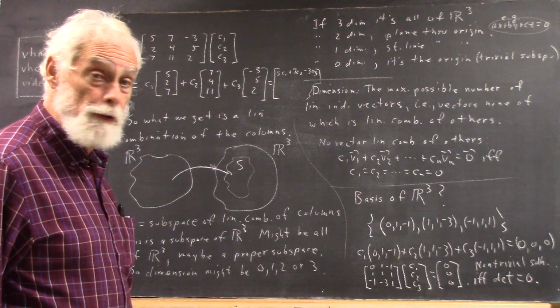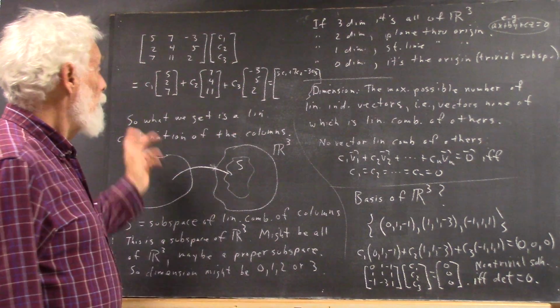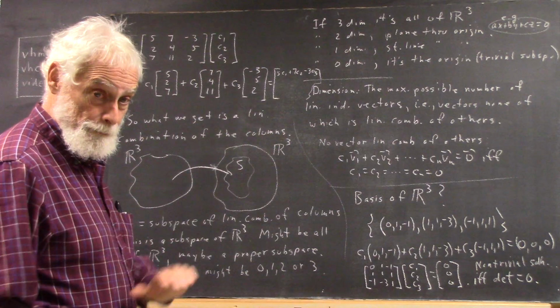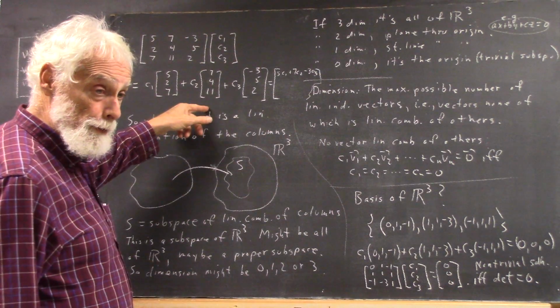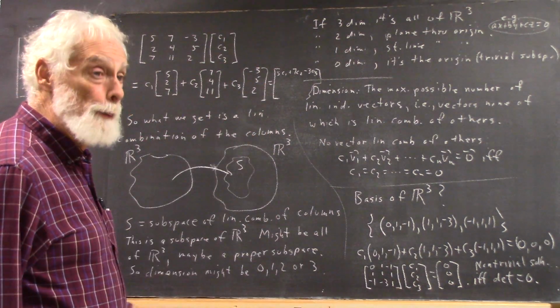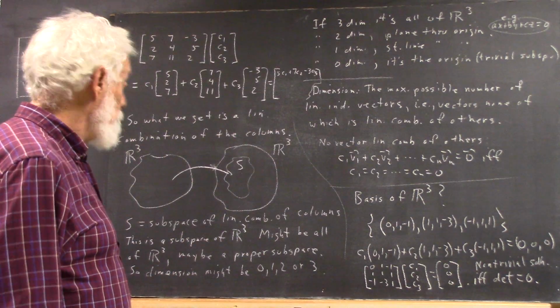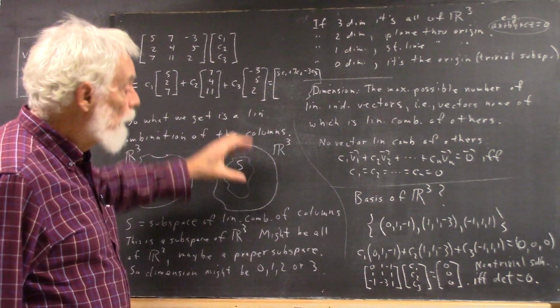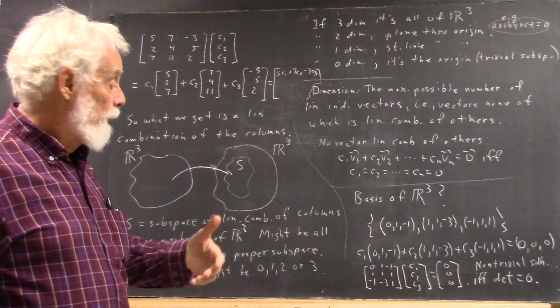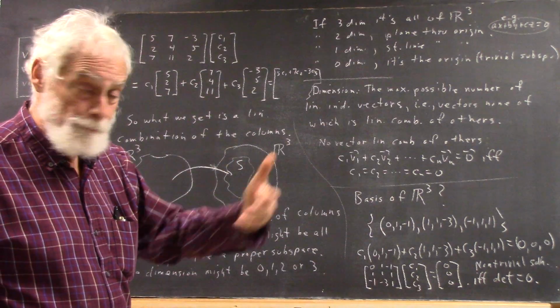But if they aren't, then they're not going to span all of R3. If two of them are linearly independent, but the third one is linearly dependent on the first two, then we're going to span just part of R3. We're going to span a plane in R3.